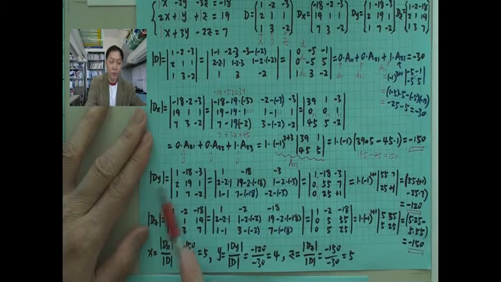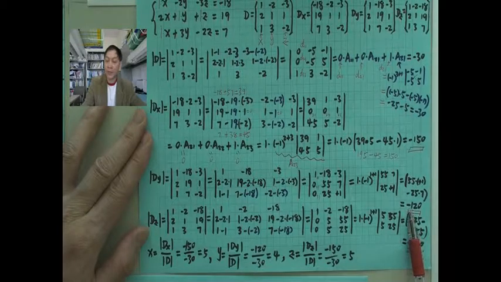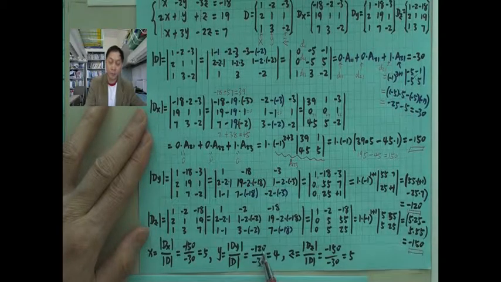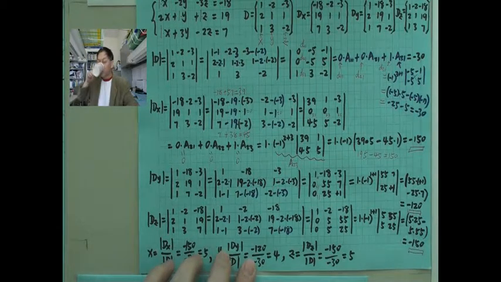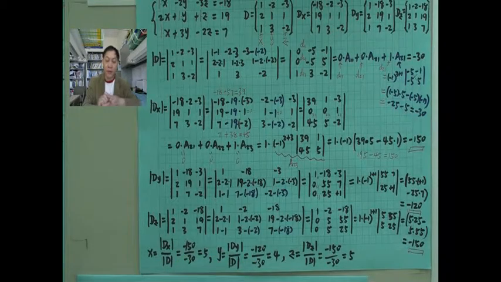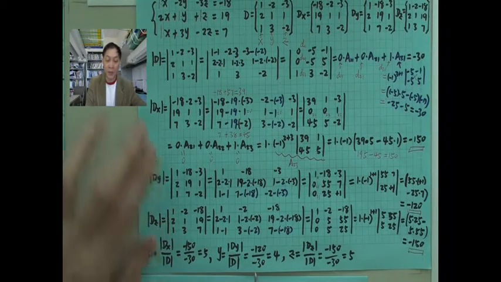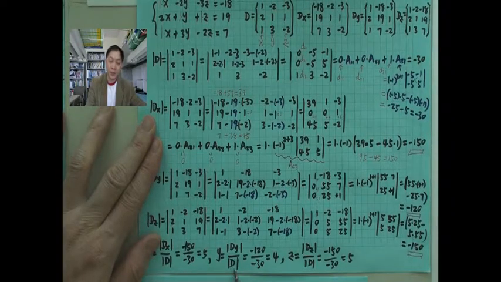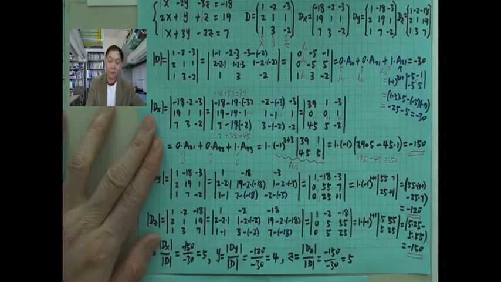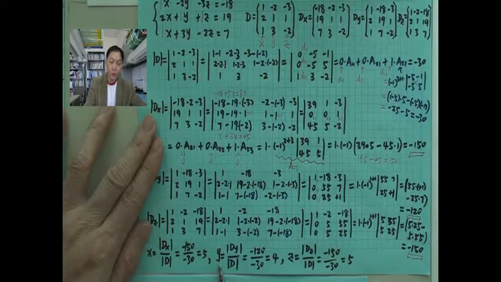dy, the determinant of the matrix, you have a negative 120, put right here, divided by the same number, negative 30, determinant of D. You have 4 for the value y.